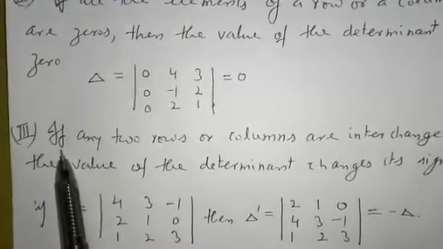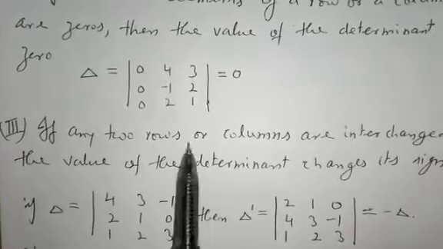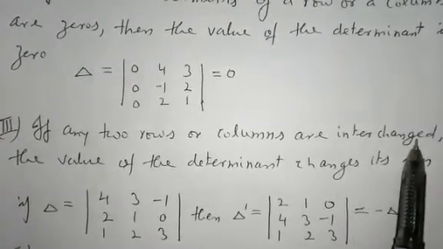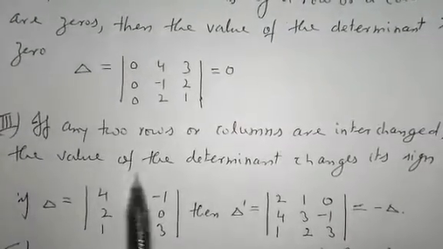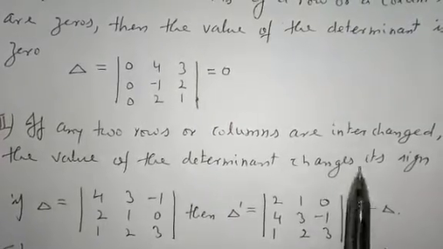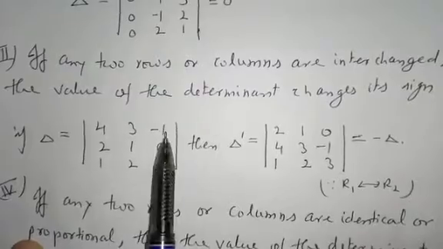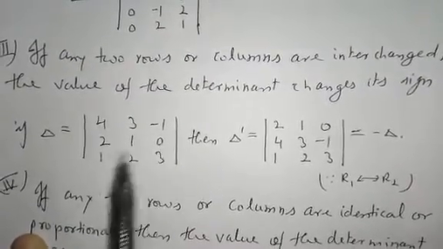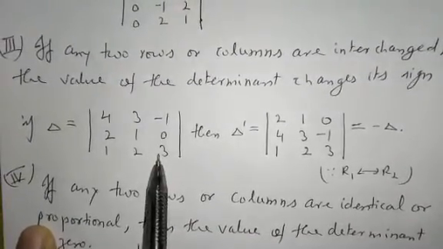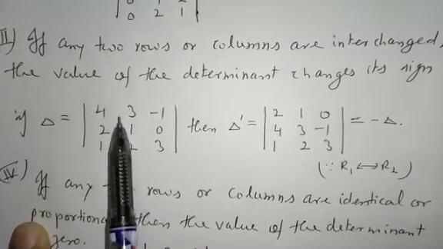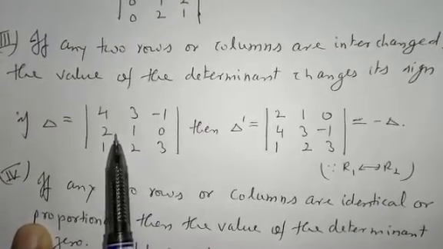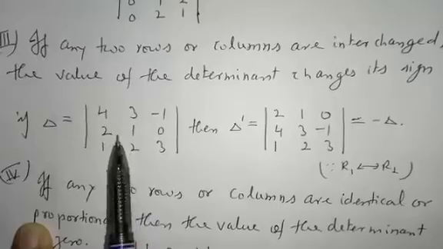Third property: if any two rows or columns are interchanged, the value of the determinant changes its sign only. 4, 3, minus 1, 2, 1, 0, 1, 2, 3. So here we are interchanging R1 and R2. We are replacing R1 with R2.